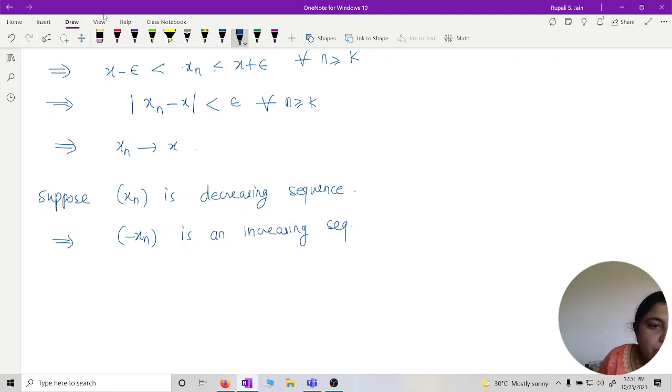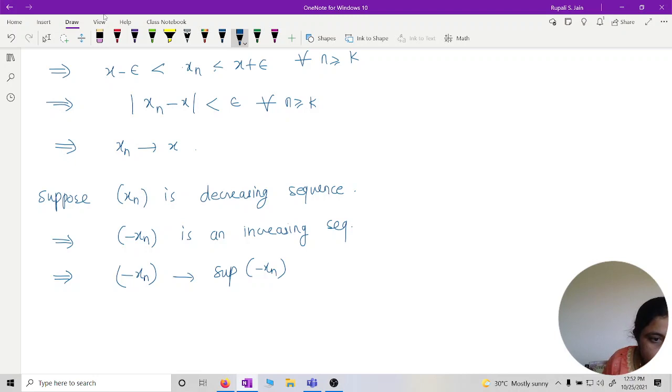And if xn is bounded, then minus xn will also be a bounded sequence, right? So for a bounded and increasing sequence, by the above theorem, it will converge to its supremum. Minus xn converges to the supremum of minus xn, right?